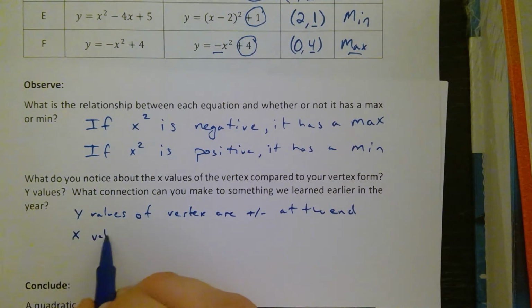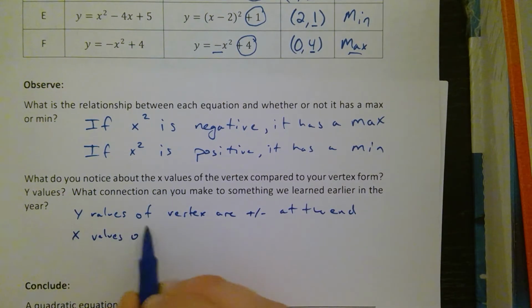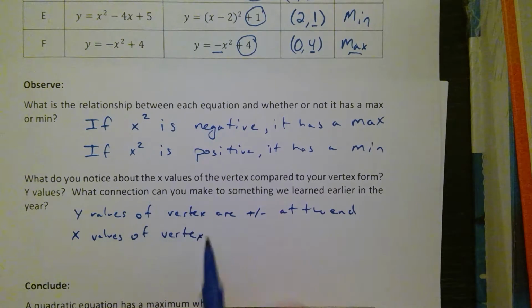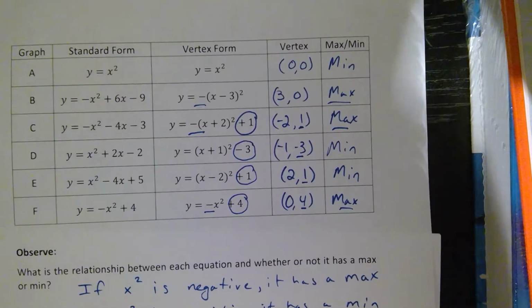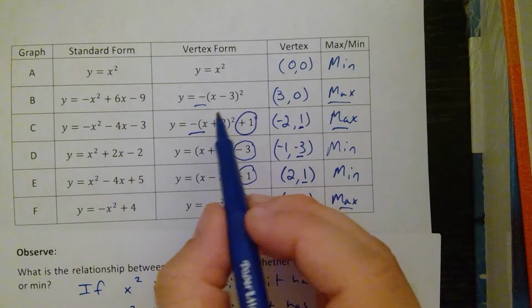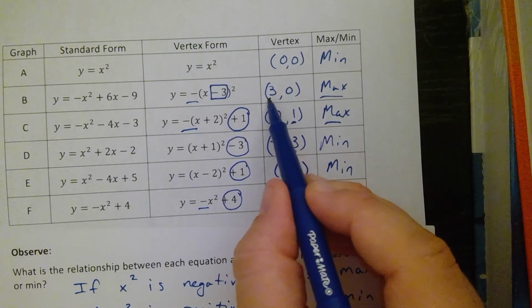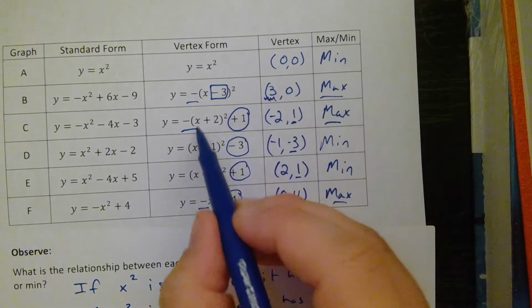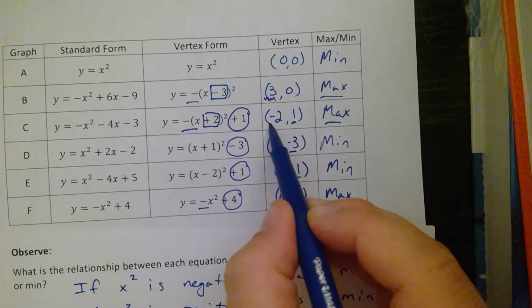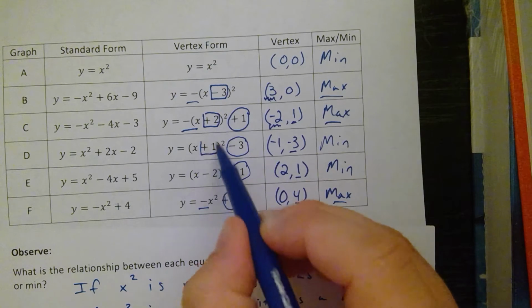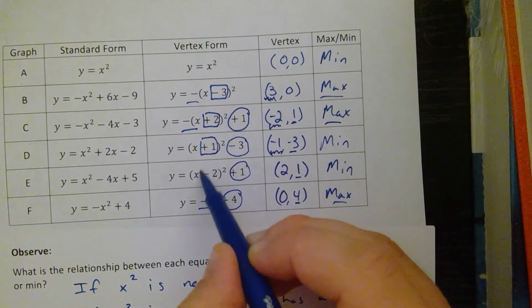The x values of the vertex, do those right quick. So here we go. Minus 3, positive 3. Plus 2, positive 2, negative 2. Positive 1, negative 1.